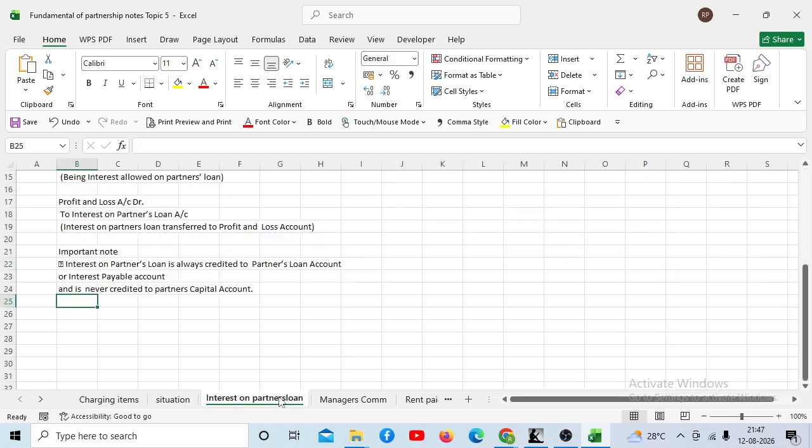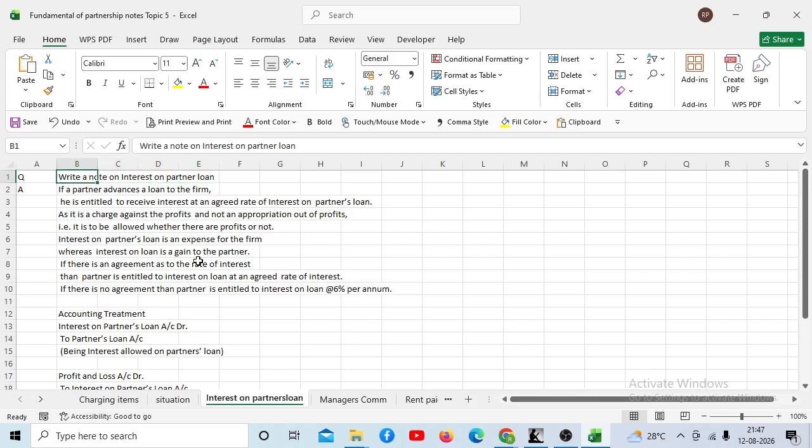Now we had already discussed this about interest on partner's loan, right? See what they are telling: write a note on interest on partner's loan. If a partner advances a loan to the firm, he is entitled to receive interest at an agreed rate of interest on partner's loan, as it is a charge against the profit and not an appropriation out of profit.